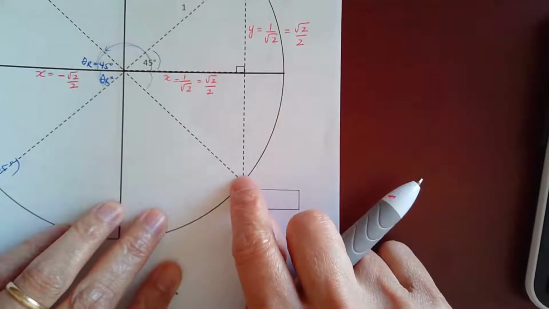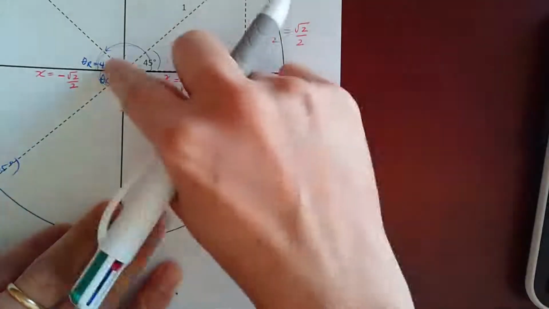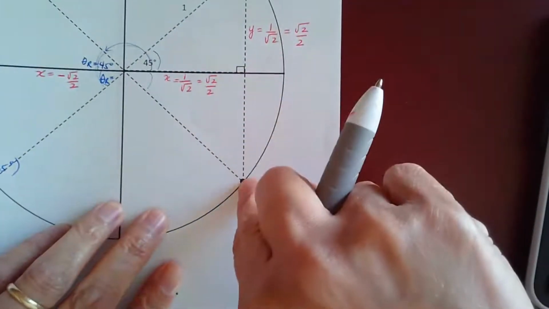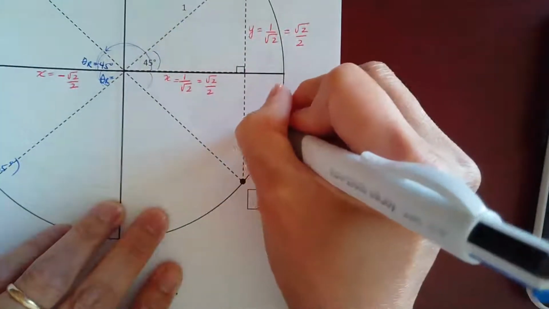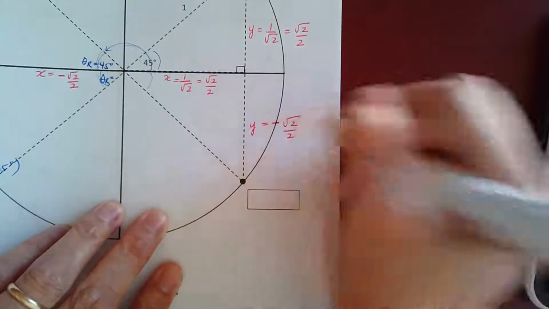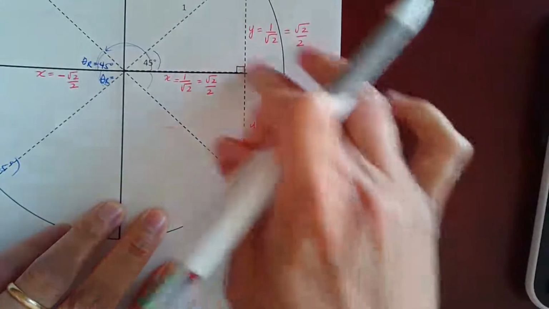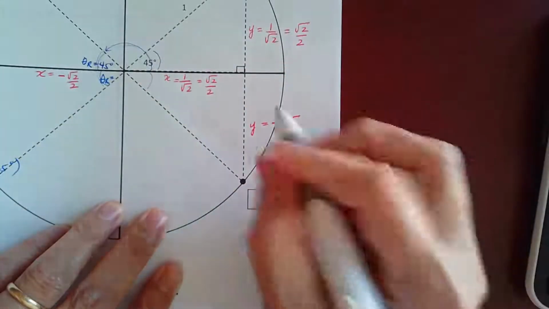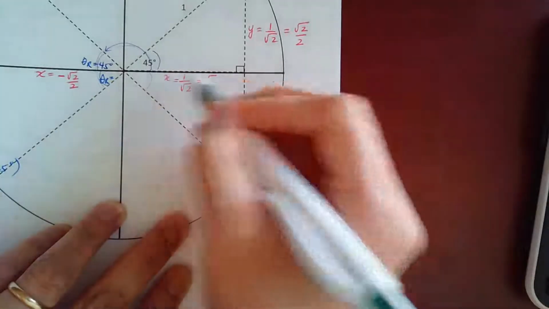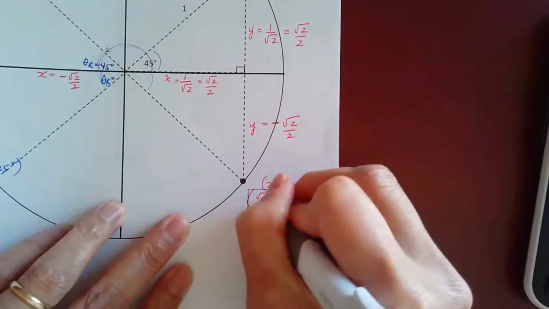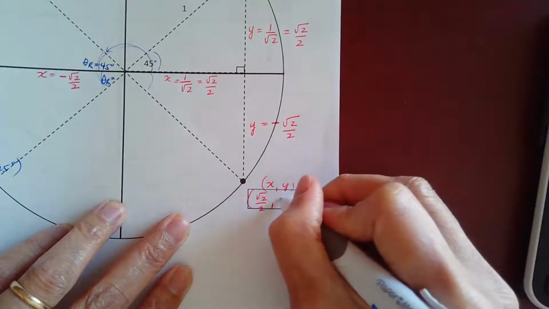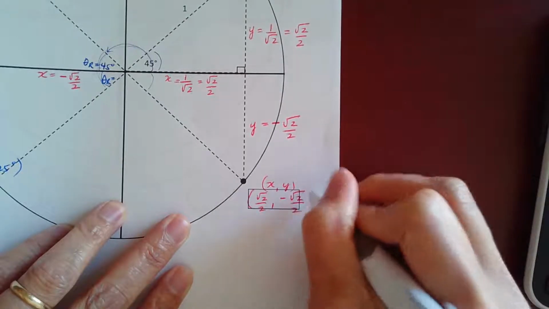This particular point on the unit circle, the x is positive root 2 over 2, and then the y would be negative root 2 over 2. So the point there, x comma y, is positive root 2 over 2, and then the y would be negative root 2 over 2.